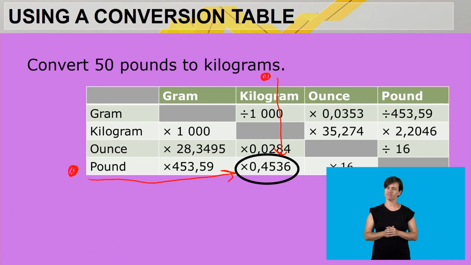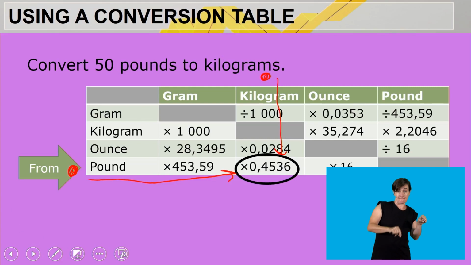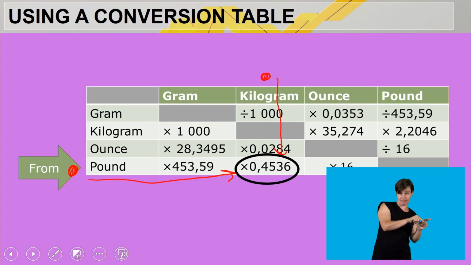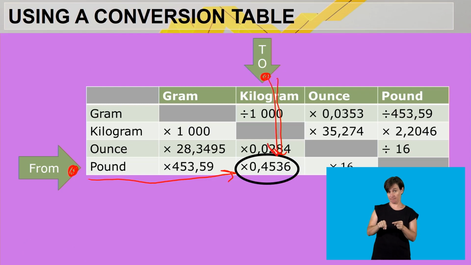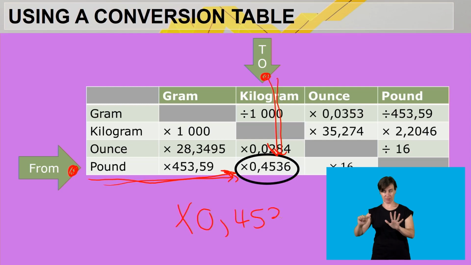So you start with your pounds going to kilograms, and there where it crosses, I know my conversion factor is multiply by 0.4536.